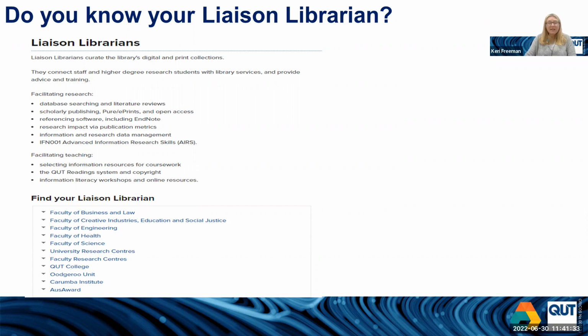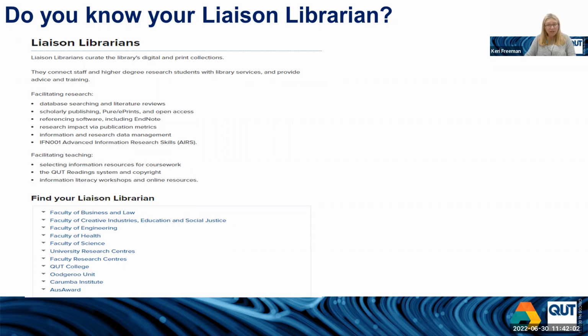So any questions that you have regarding referencing software, publication metrics, data management, resources that you might need to add to your lit review, ask them. They're there for you. They're within your faculty. Usually librarians are lovely. So make sure you know that person.